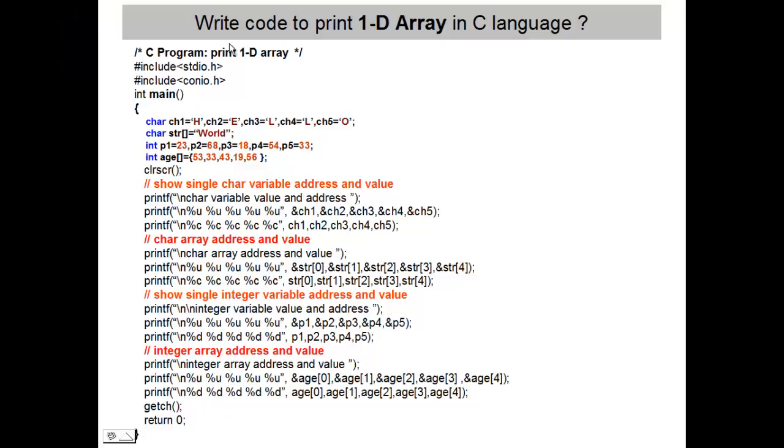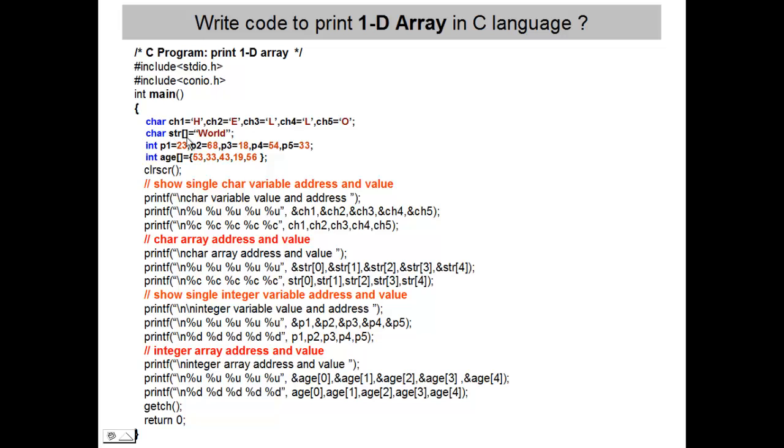Now write code to print a one dimension array in C language. So this is the code to print values of a one dimension array in C language. This is simple. Here we created 5 character variables individually, ch1 to ch5, and assigned the value HELLO.